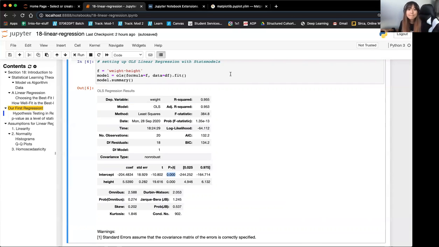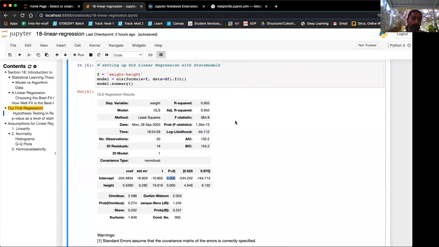So that is an automated calculation that happens, based on our input? Yeah, everything on this table is automated. Once you fit your data with OLS, all of this is being calculated for you.